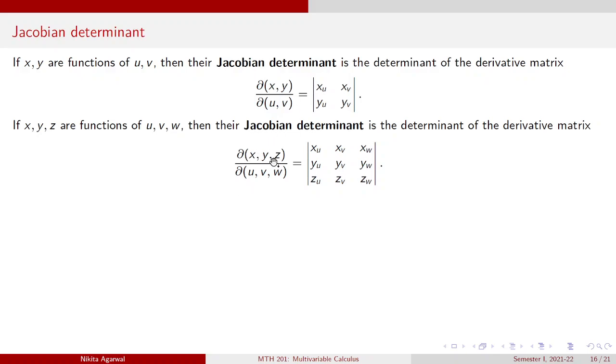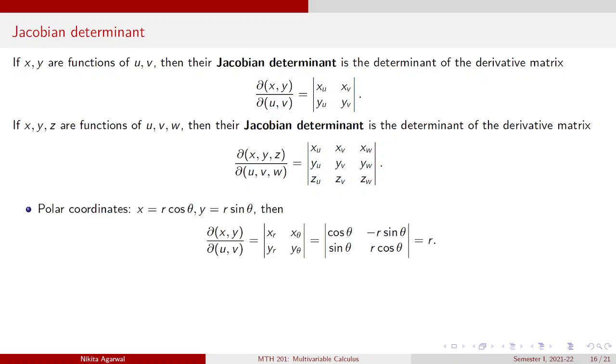In the numerator you have variables which are functions of the other variables which appear in the bottom. The first row is the derivative of x with respect to u, v, w. The second row is the derivative of y with respect to u, v, w. And the third row is the derivative of z with respect to u, v and w.